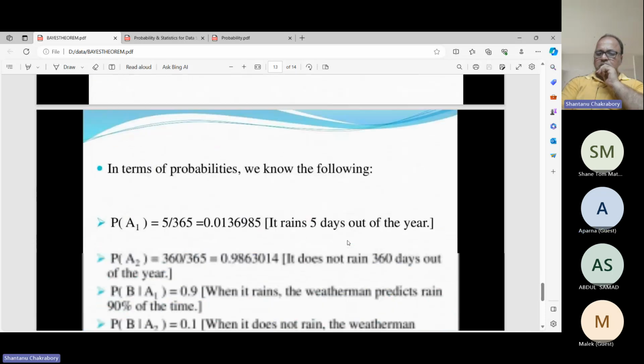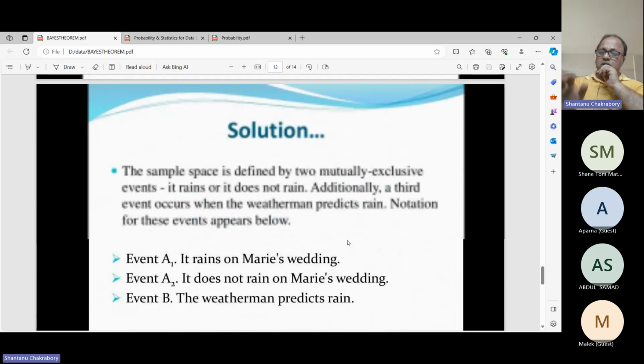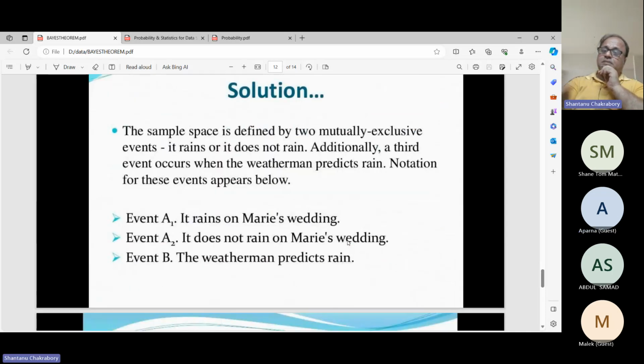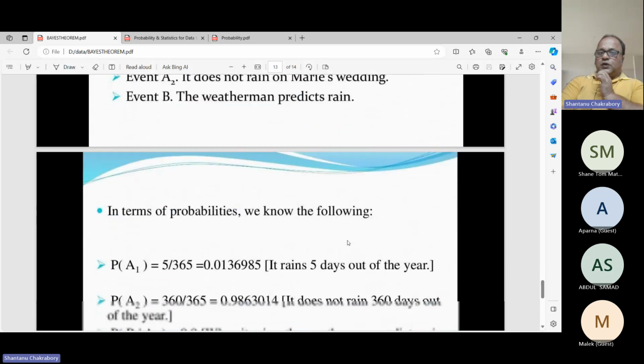So suppose we apply Bayes theorem on these three different events. Suppose Mary's wedding is going to take place in a desert, where there is a probability of getting rain or of not having rain on the wedding day.